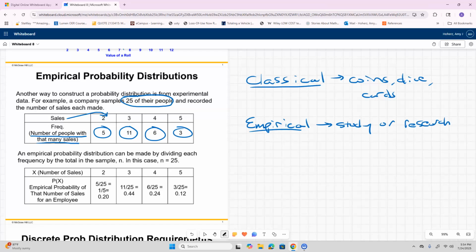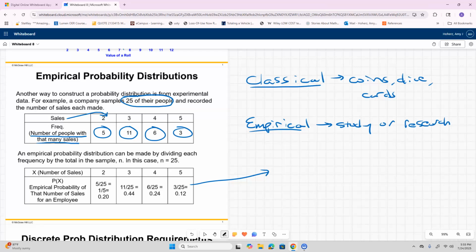So now we could take that and make a probability distribution from it by taking these numbers, just like we did with the dice. We can take how many were counted in the study and put that as a fraction. So the 2, 3, 4, and 5, those are the possible number of sales. We don't have to change that.